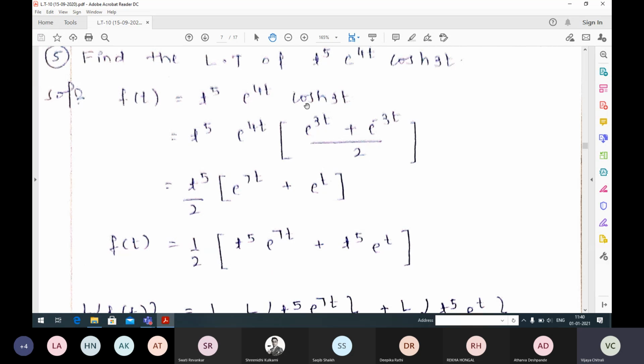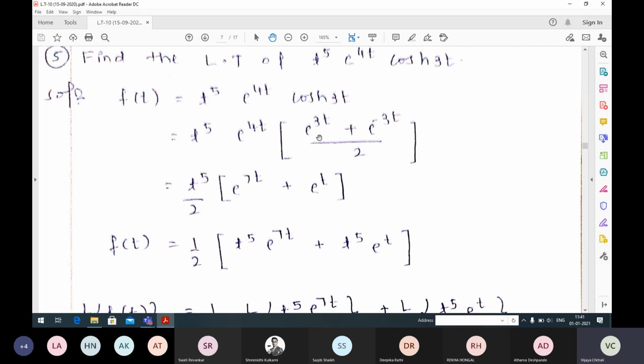So we can write cos hyperbolic 3t as e raised to 3t plus e raised to minus 3t, divided by 2. Why plus? Because if cos, plus; if sine, minus, right?